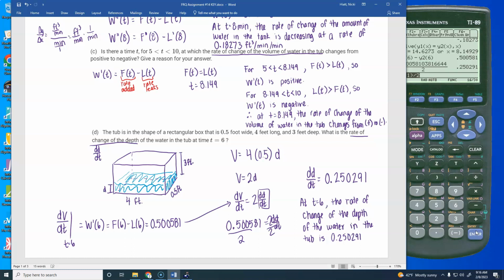What are the units on that? Cubic feet per minute. So it is a rate of change of the amount of water.